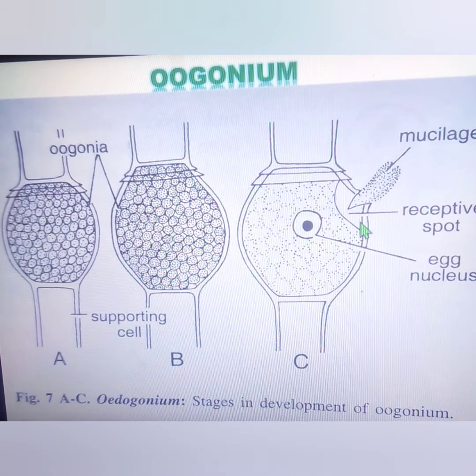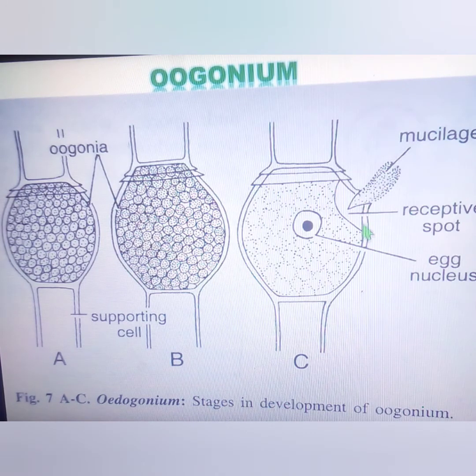And also you can see a small pore or a transverse slit, as in this case, which develops on the oogonial wall. You can see it develops on the wall of the oogonial cell.